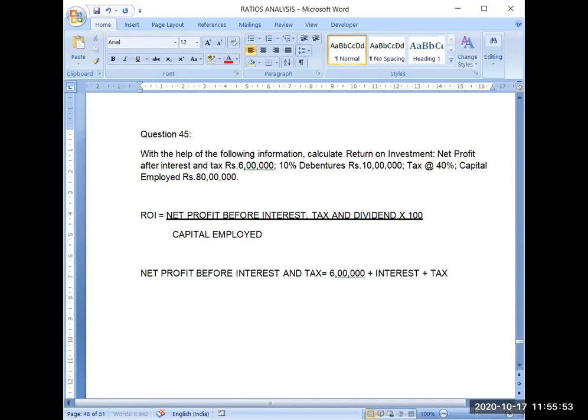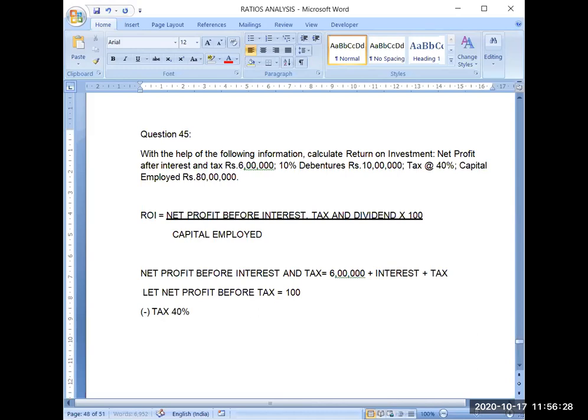Now, on whatever amount of profit I have earned, I have paid 40% tax. So net profit before tax, suppose it is equal to 100. I should assume it is 100. Then I have paid tax out of that, less tax 40%.